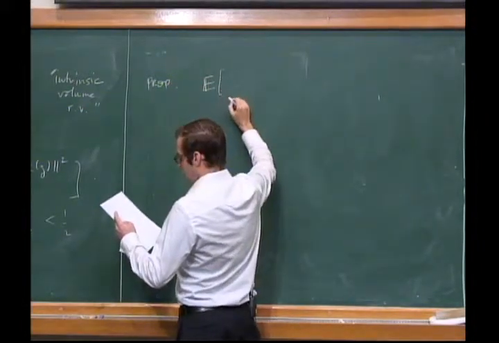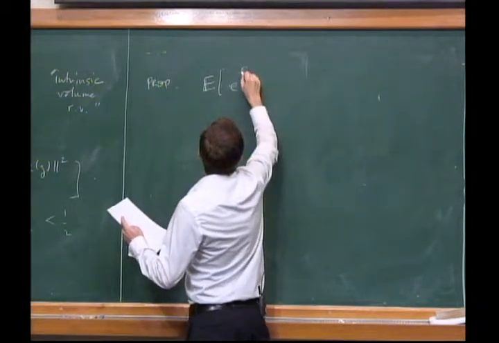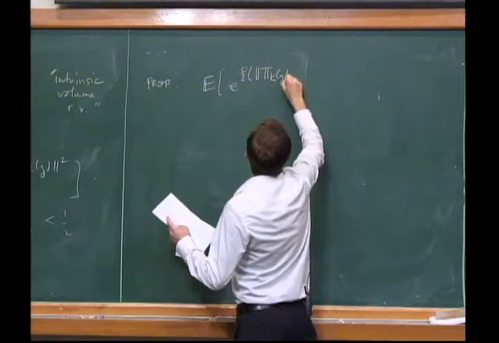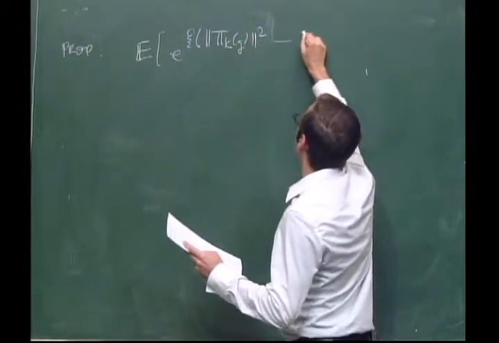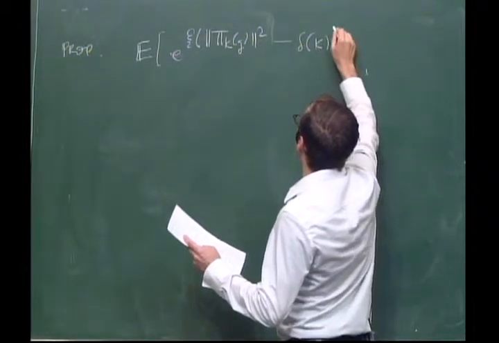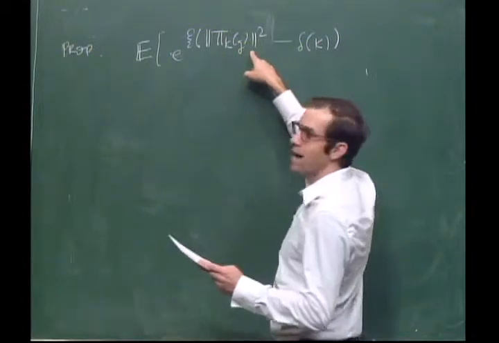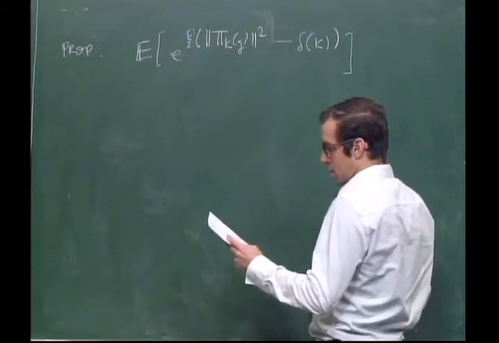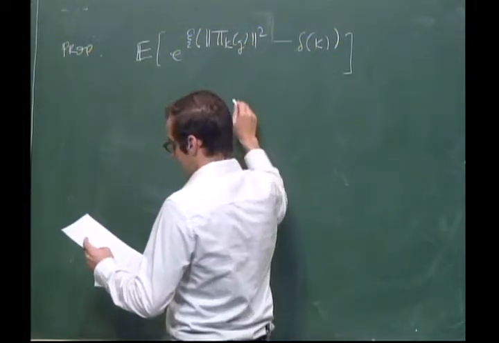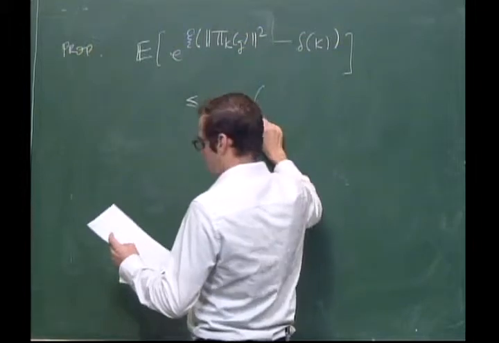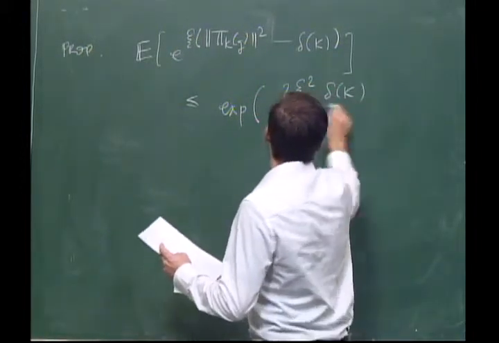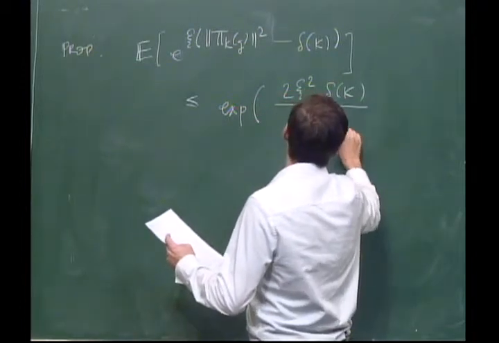And so the way this works is that if you look at the moment generating function of this quantity squared minus the statistical dimension of the cone, which is exactly the mean of this, as we just saw, this is bounded by the exponential of 2xc squared times the statistical dimension of the cone divided by 1 minus 2xc.